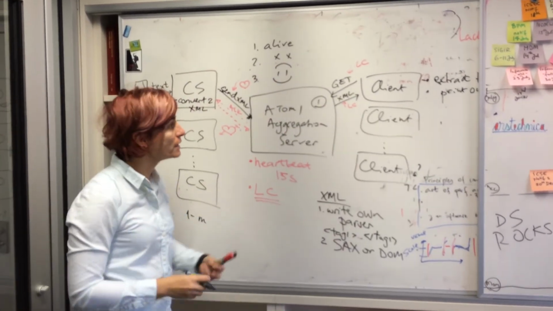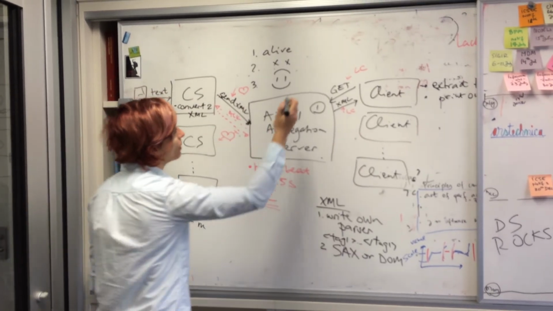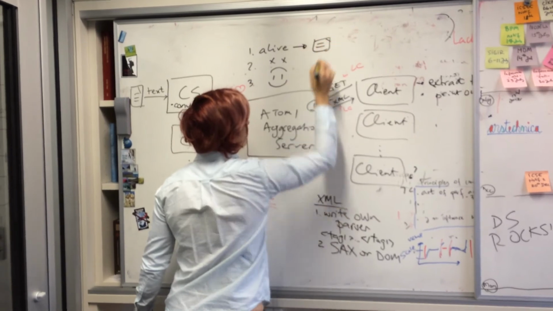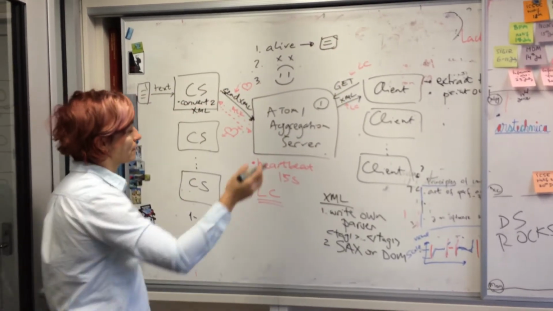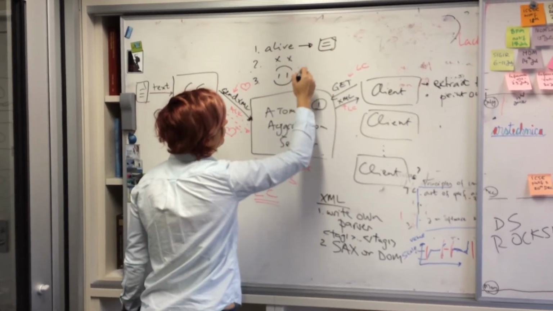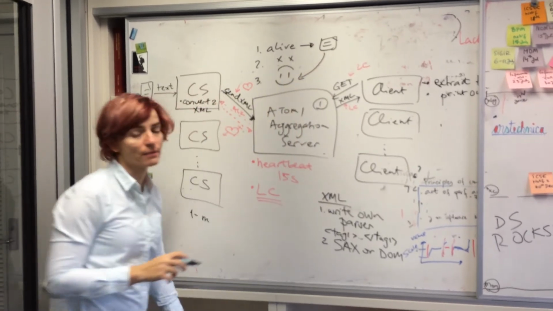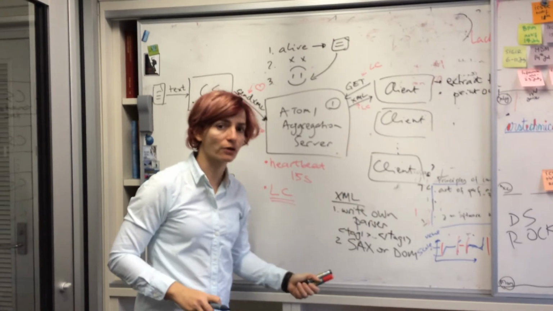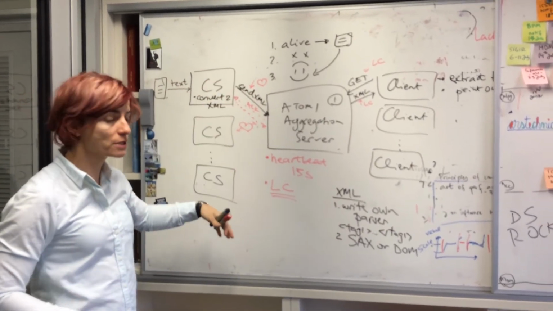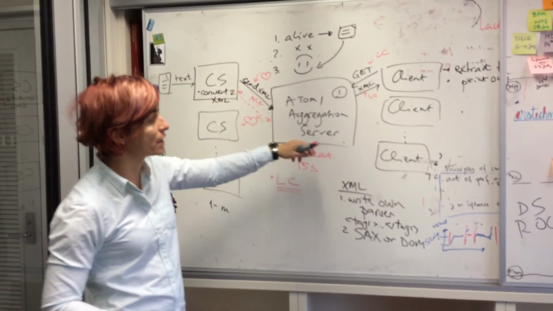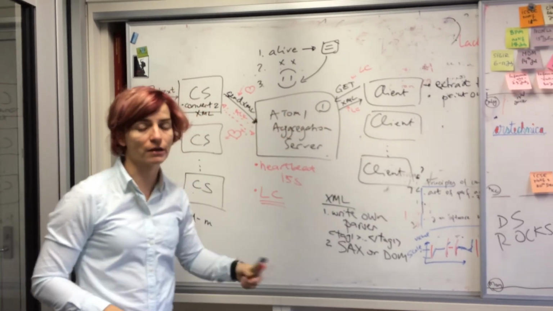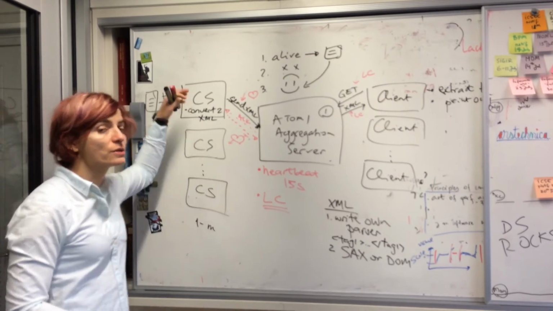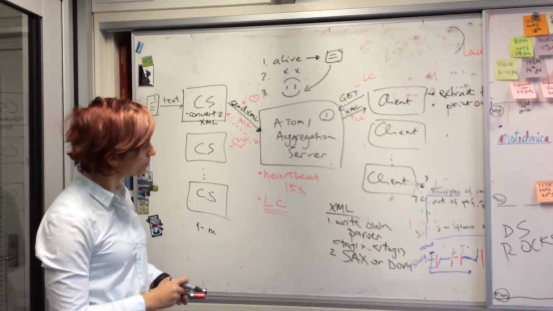At this point, let's say you've saved the previous feeds that the server had. You might want to read these feeds when the server comes back alive, such that you have at least something to give to your clients. Of course, the connections from the content servers and the client connections to the aggregation server will all be dead, and everybody else will have to reconnect using their retry mechanism.